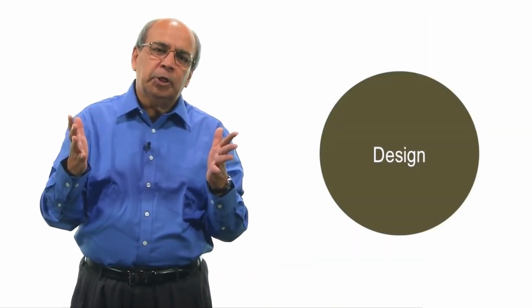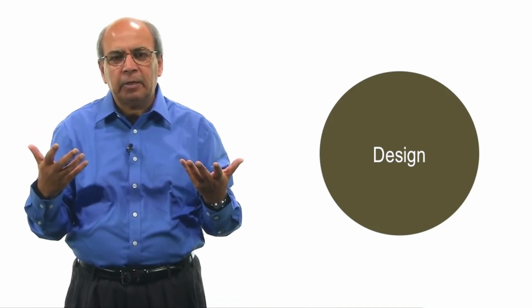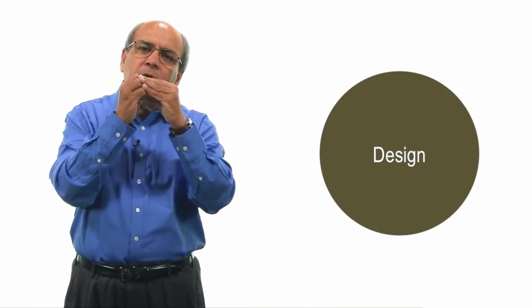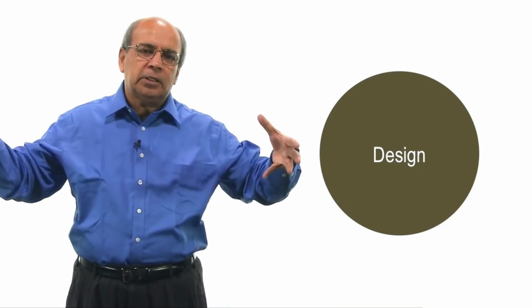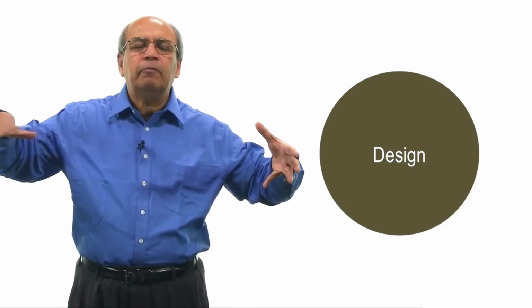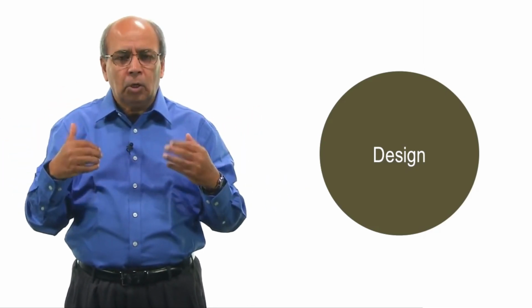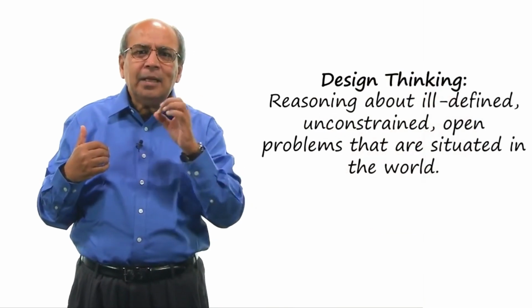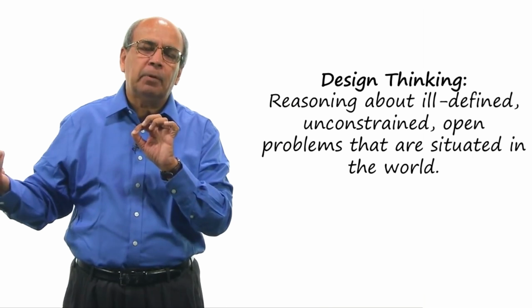When we talked about configuration, we alluded to design. Design is a very wide-ranging, open-ended activity. But then we settled on configuration, a very routine kind of design, where all the parts of the design are already known. We simply have to figure out the configuration of the parts. It is time now to return to design thinking. What is design thinking? Design thinking is thinking about ill-defined, under-constrained, open-ended problems.